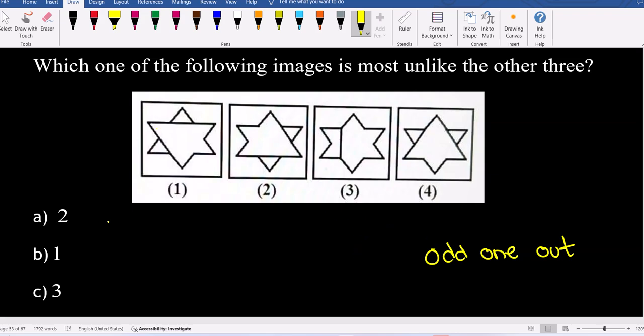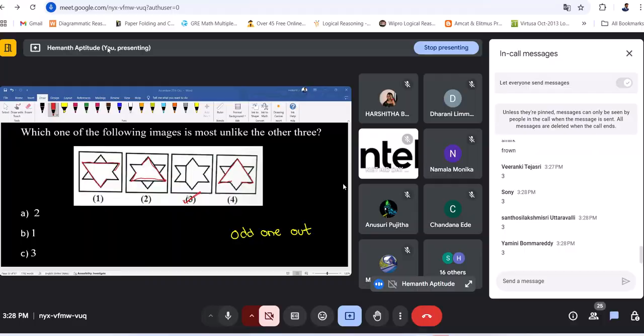You can observe this triangle shape. It's the third one, no? Because in the remaining ones, somehow rotated, you can see the same shape is available. Odd one out means which is different. You have two triangles like this. So the third one is the odd one out. I hope everybody can understand it.